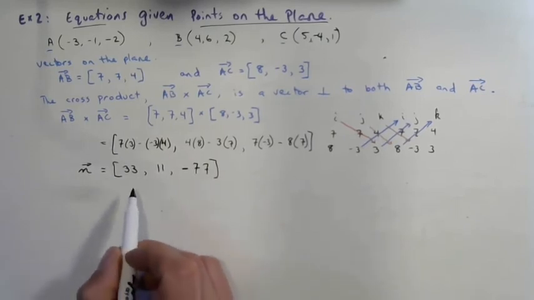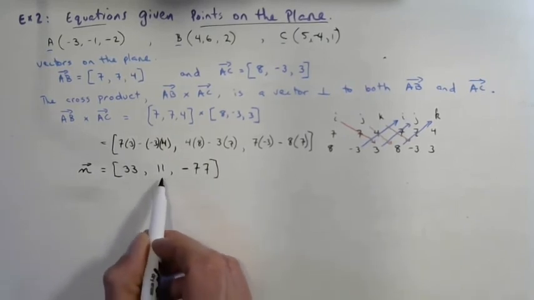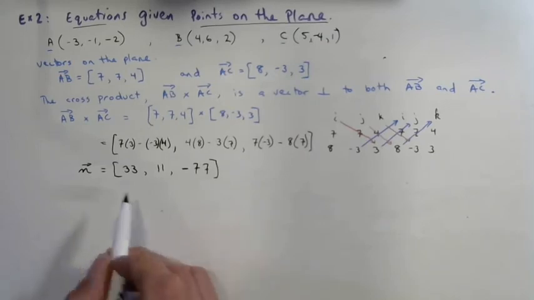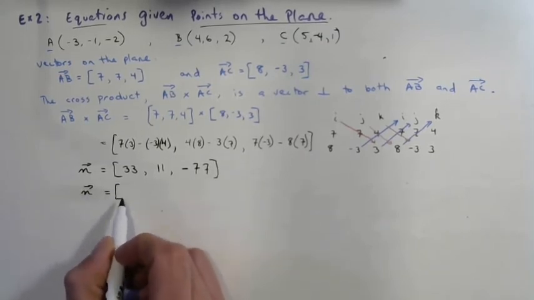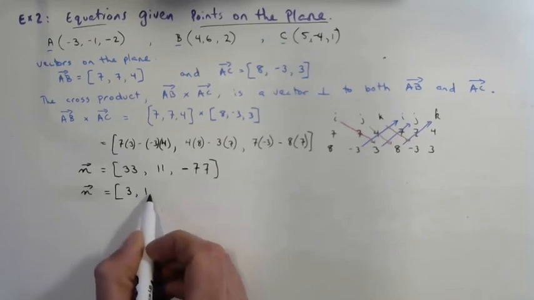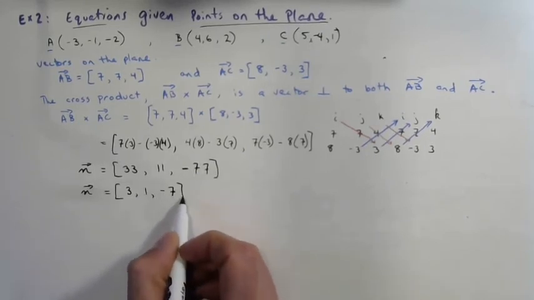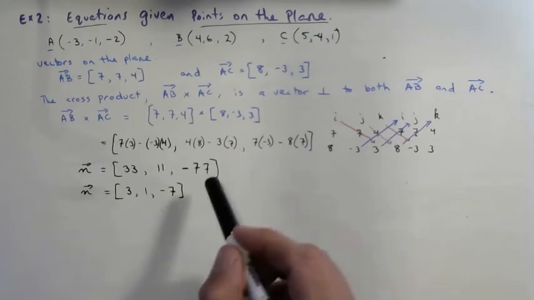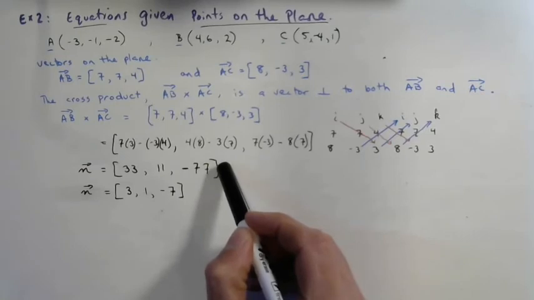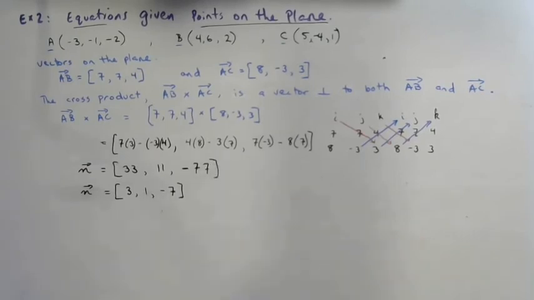So can you think of something I can do to these numbers, 33, 11, negative 77, in order to create a new normal vector that is easier to work with? Oh, you're so smart. 3, 1, negative 7 is just a more convenient vector to work with. It's parallel to this vector, therefore it is also normal to the plane that we are working on.